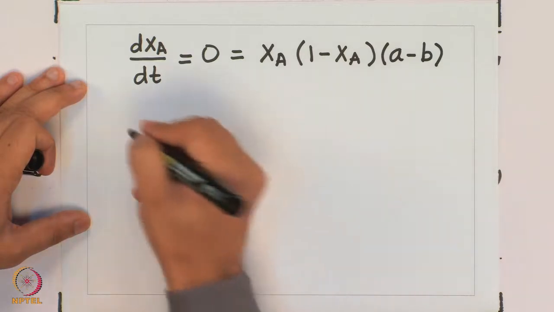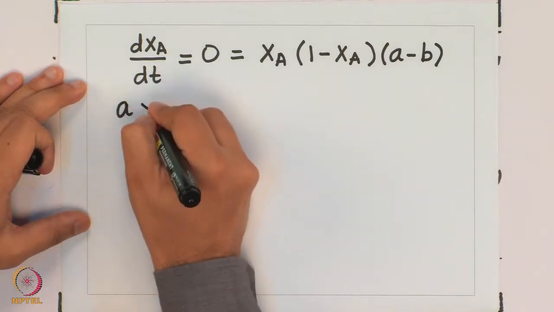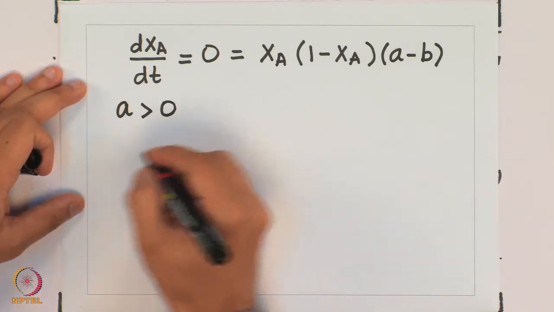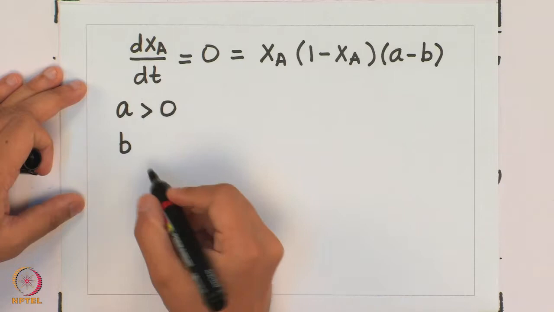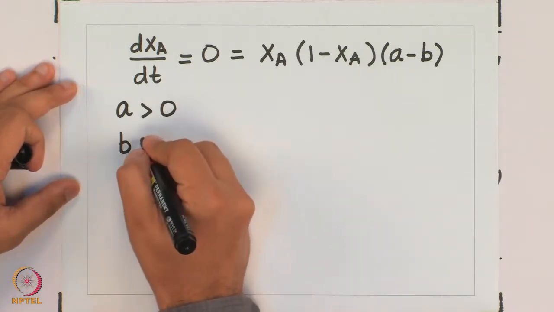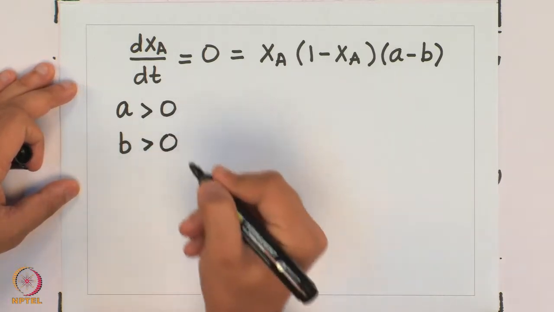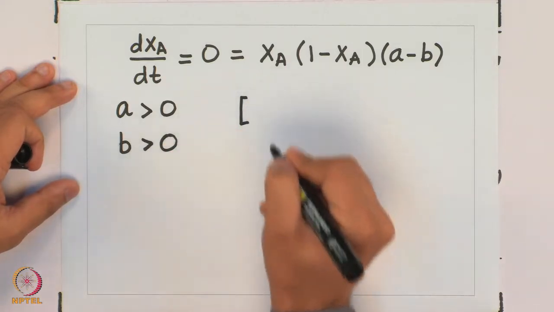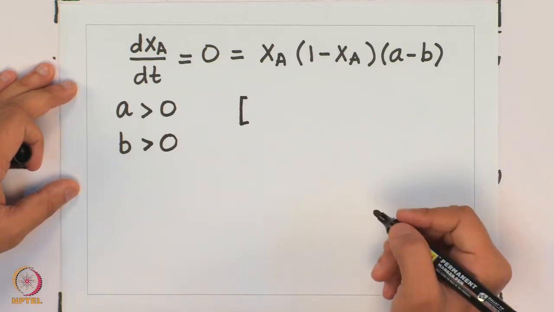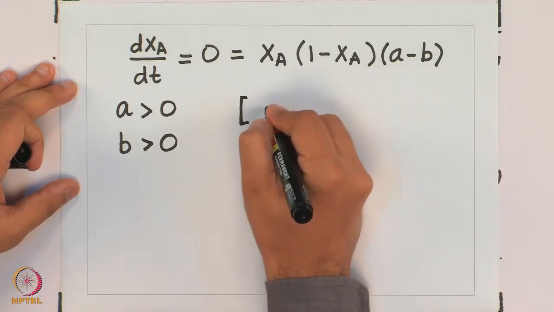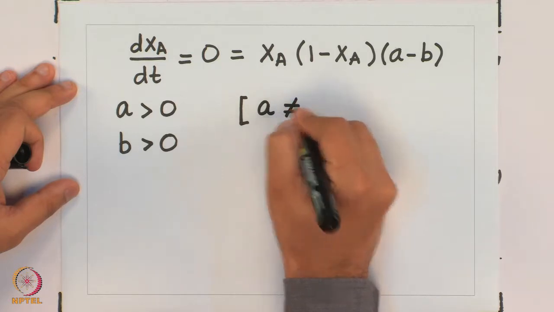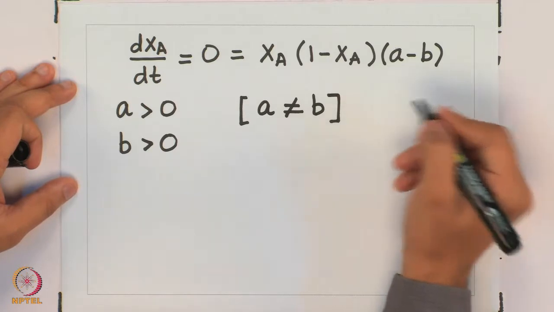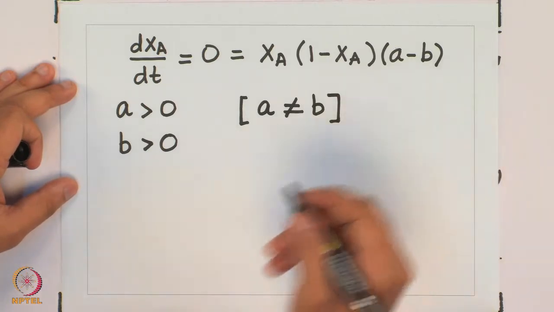We are working under the assumption that A is greater than 0. This is the growth rate of the bacteria with genotype capital A. B, which is the growth rate of the bacteria with genotype capital B, are both growth rates. So, these are non-zero positive quantities, and also there is a distinct difference in the speed at which these two genotypes grow. So, A is not equal to B. Hence, A minus B is either greater than 0 or less than 0.